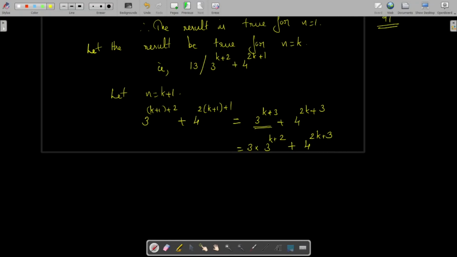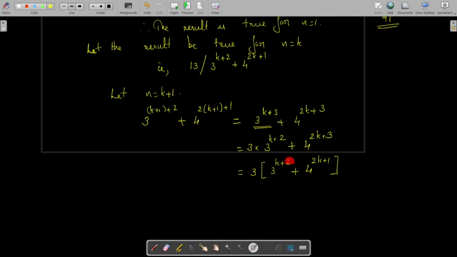So we will write this expression as 3 into 3 raised to k plus 2. Before writing this term, we complete the expression here. Here we have 3 raised to k plus 2 plus 4 raised to 2k plus 1. So we write exactly that here, and we close the bracket.